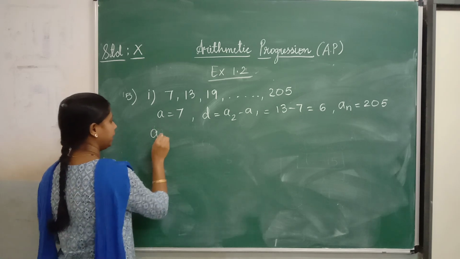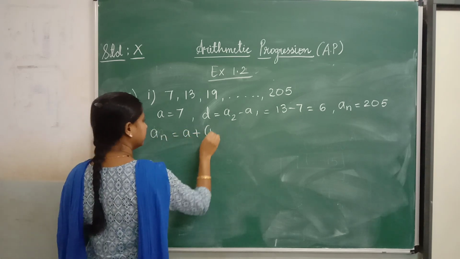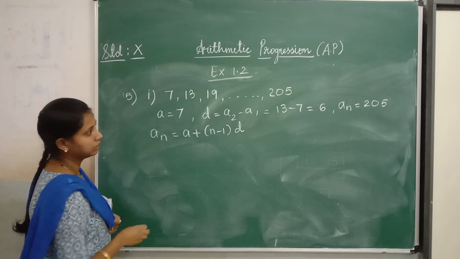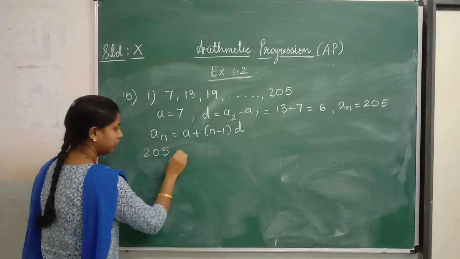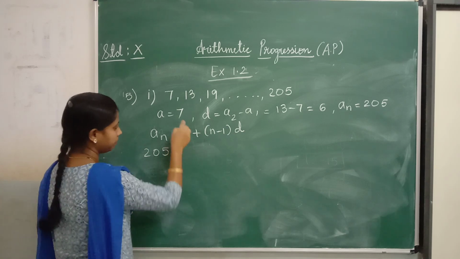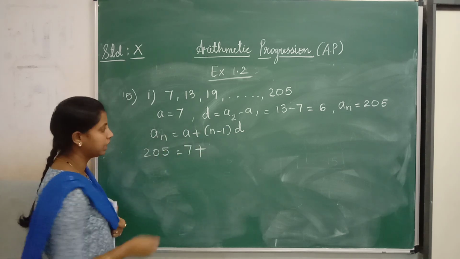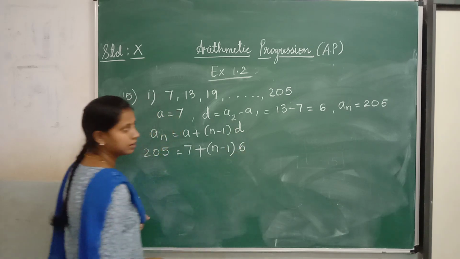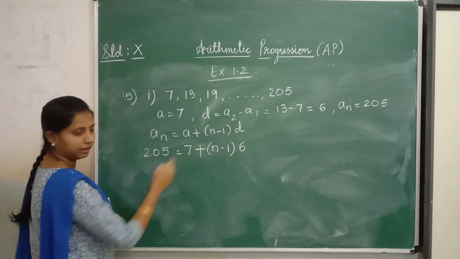Now write the nth term. An equals a plus n minus 1 into d. What is nth term? Nth term is 205. A is 7 plus n we have to find. D is 6. Simplify for n.